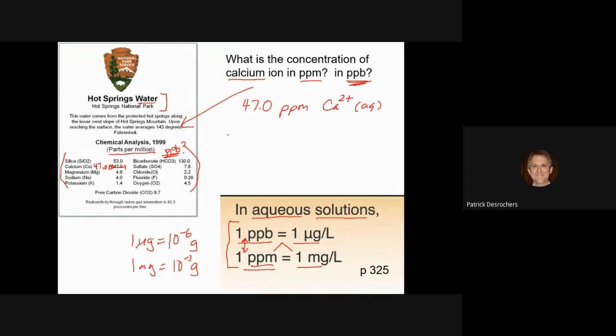Or more manageable, right? Because 47,000 makes it sound like, oh my God, this is awful stuff. And I have to tell you, 47 parts per million of calcium is actually pretty high. If you know anything about hot springs mineral water, you know its mineral content is really high, with lots of dissolved stuff in it. But it makes it seem smaller.